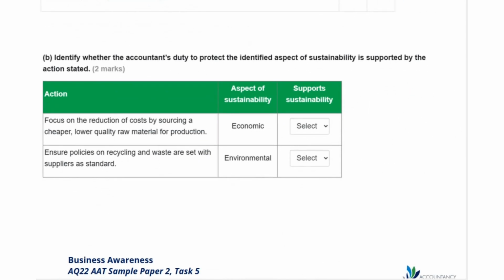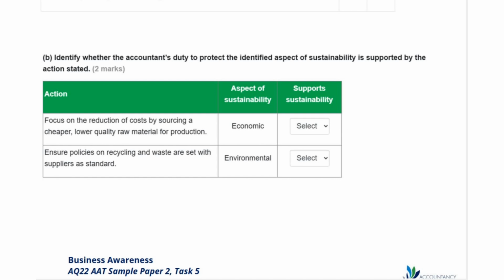For Part B, identify whether the accountant's duty to protect the identified aspect of sustainability is supported by the action stated. The first action is to focus on the reduction of cost by sourcing a cheaper, lower quality raw material for production. The aspect of sustainability is economic, so does this action support that aspect of sustainability?